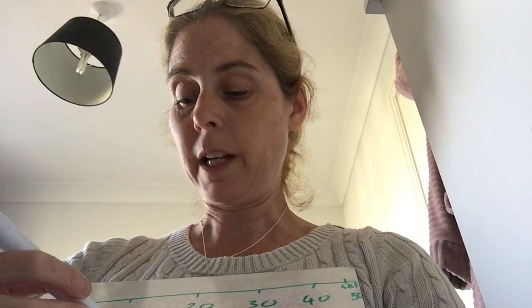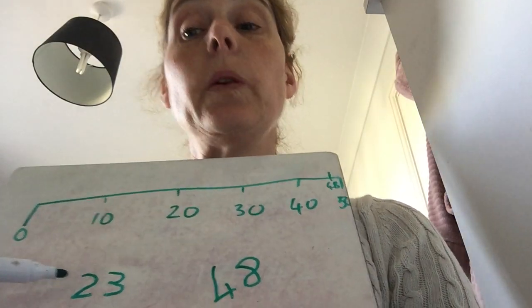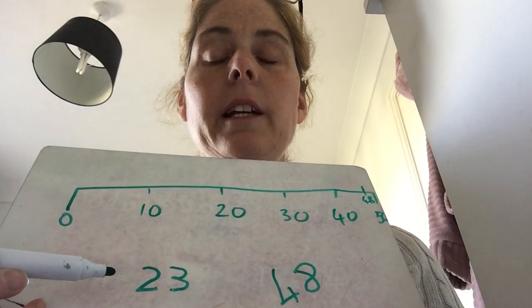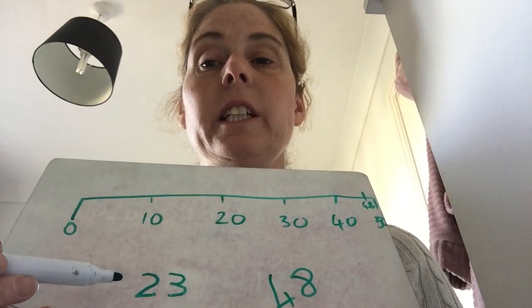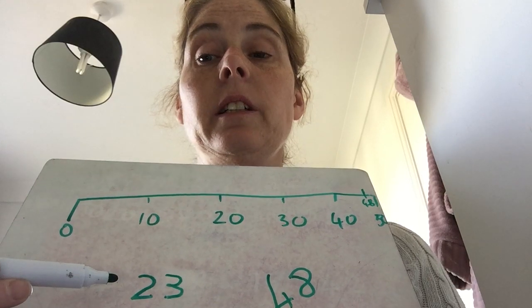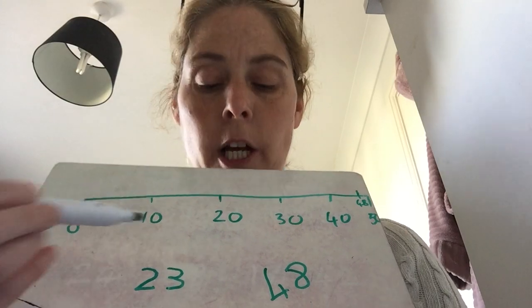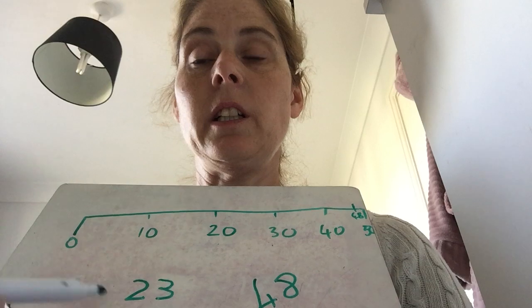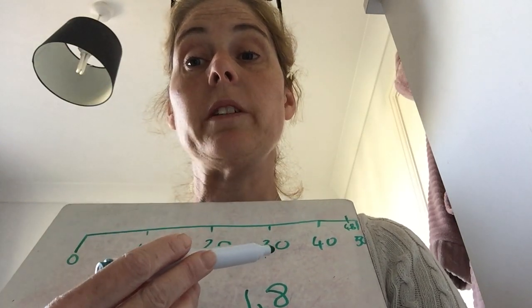What about if I had the number 23? Where is that going to go? Which two tens is that going to come between? Why? And then think about where it is going to go between those two tens, and why? Okay, so we know it's going to come between 20 and 30 because 23 is bigger than 20 but smaller than 30.